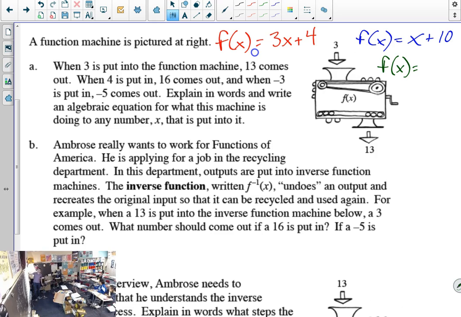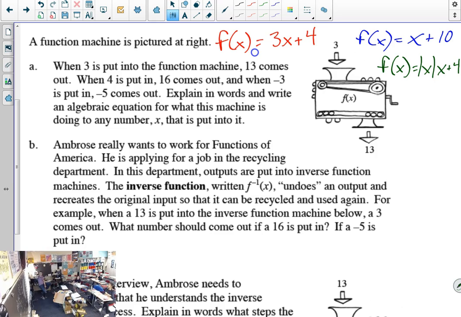So we have a couple options right now. I'm just trying to understand why you chose what you chose. You said the absolute value of x times x, plus 4. Okay, so then they tell us when 4 goes in, 16 comes out. Would that work for our blue function? No. Yeah, that would work in our red function.